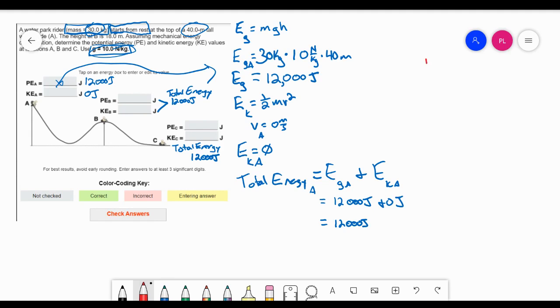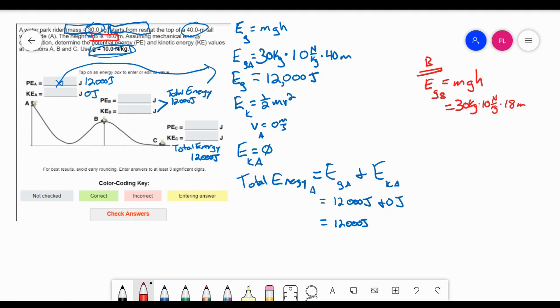So for part B, I can now say, hey, the gravitational energy at B is mgh, and I know the mass is still what it was, 30 kilograms. G, I'm still using 10 newtons per kilogram. And H, we have a new H. The height at B, they say over here, is 18 meters.